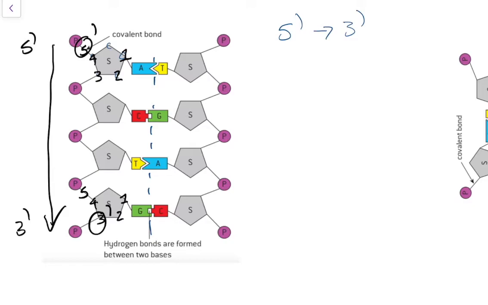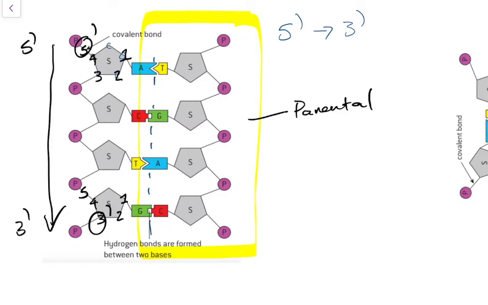So DNA polymerase 3 can attach. This would be the parental DNA that it would be reading, and it would be adding nucleotides at this end. So the new nucleotide would have to be added on at the 3' end.